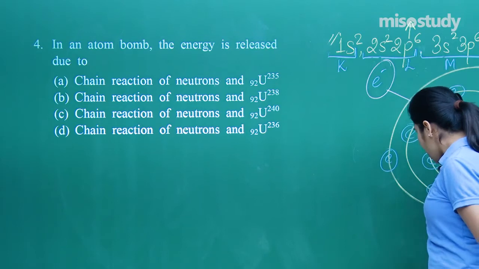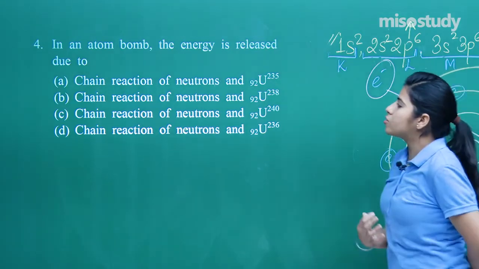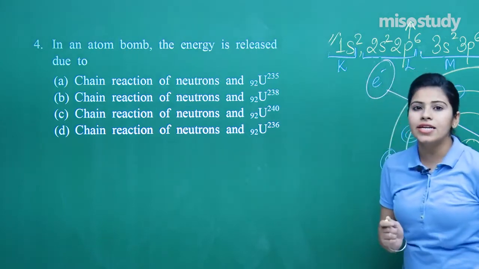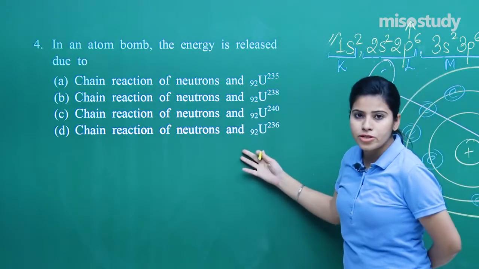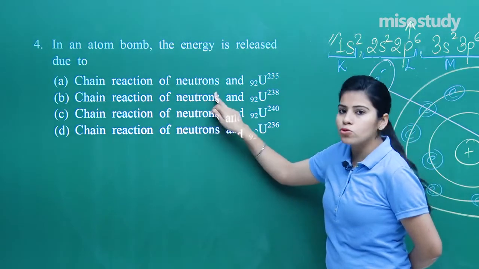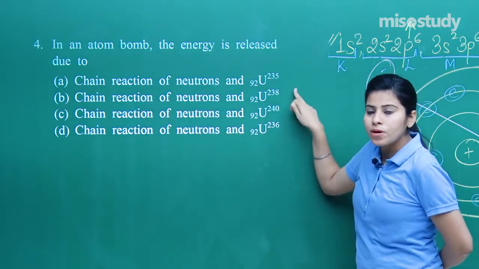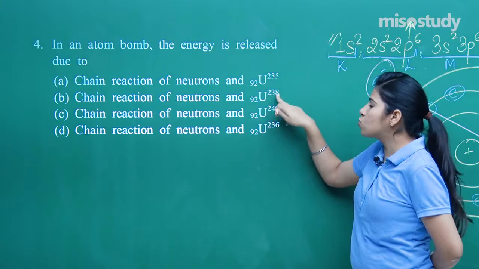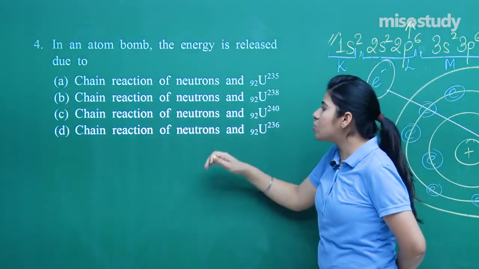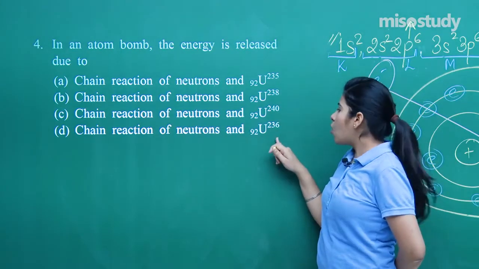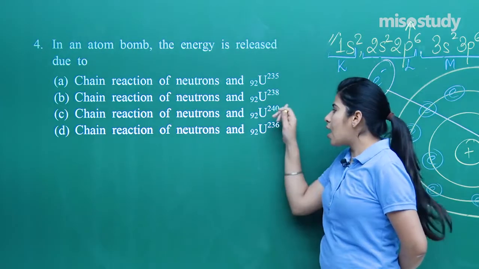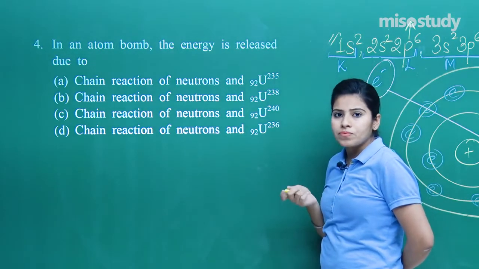Alright, so now here what they want us to tell is that in an atom bomb, the energy is released due to which option? The chain reaction of neutrons with this isotope, that means U-238, or the chain reaction of neutrons with 240 or with 236. Now I can see here there are 4 isotopes of uranium.